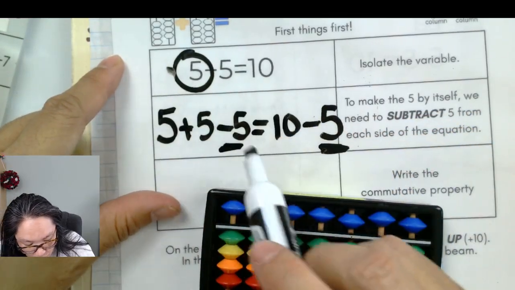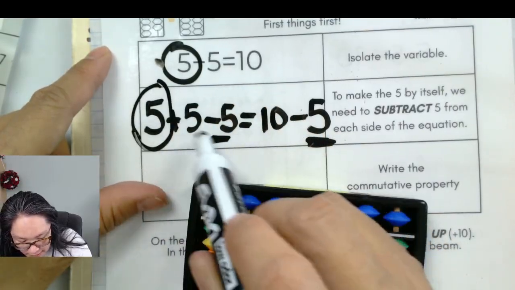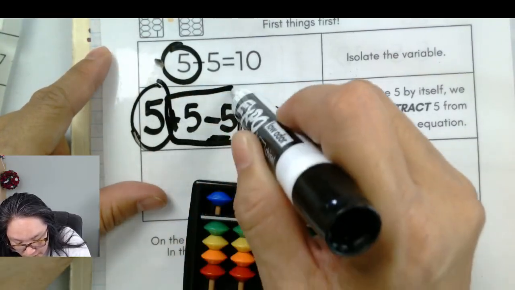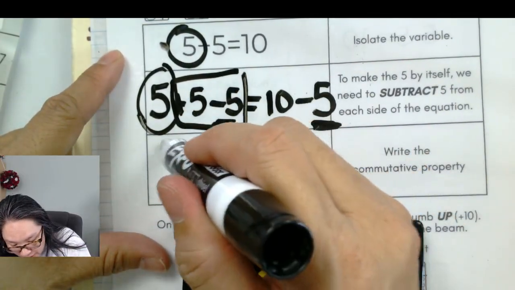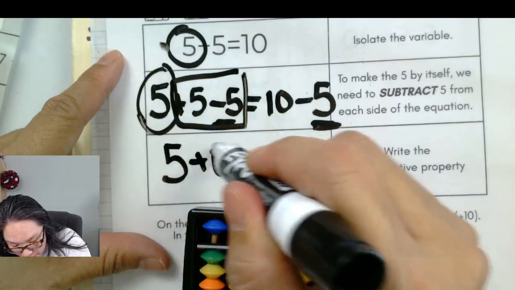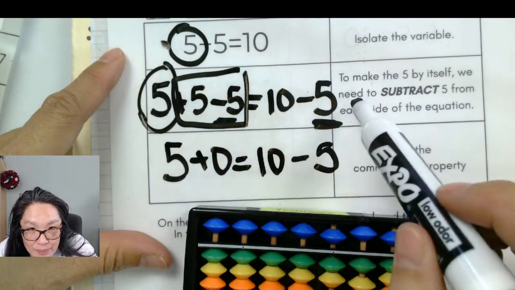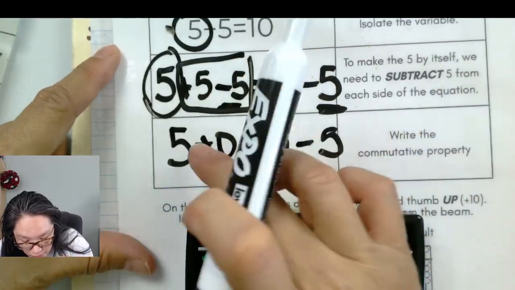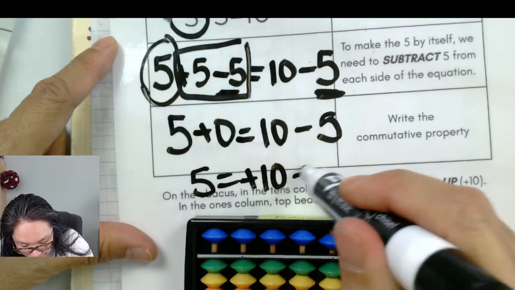Because we're subtracting, this becomes 0. So when I rewrite it, I do 5 plus 0 equals 10 minus 5. I'm doing it step by step. I'm going to rewrite it again: plus 5 is equal to plus the 10 minus the 5.